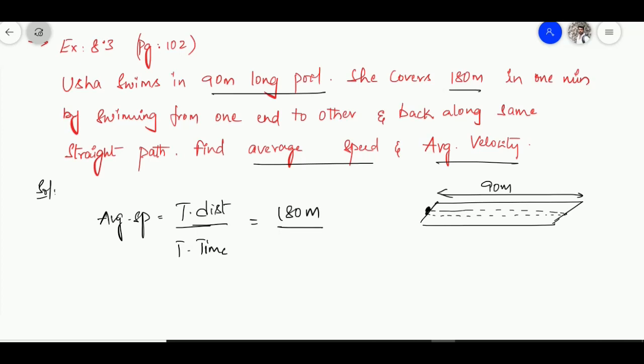What is the time taken? 180 meters in 1 minute. It's already directly given. So 180 meter per minute. Usually we follow the meter per second standard, right? Which we already discussed. So I have to convert 180 meter per minute into meter per second.